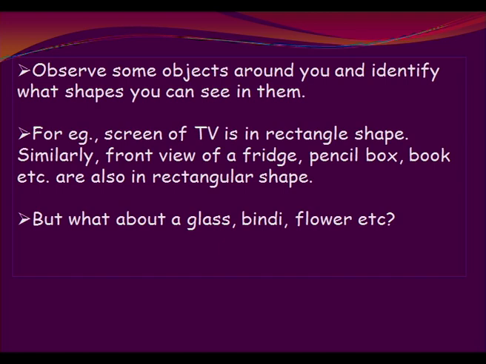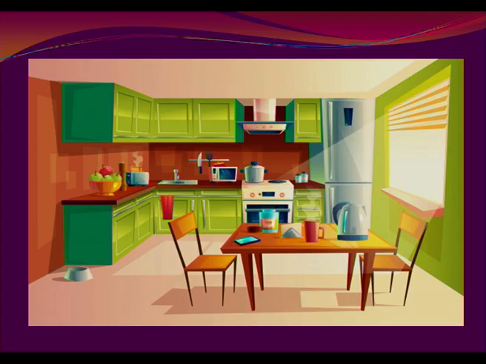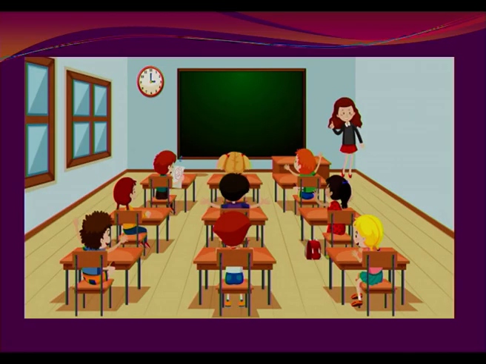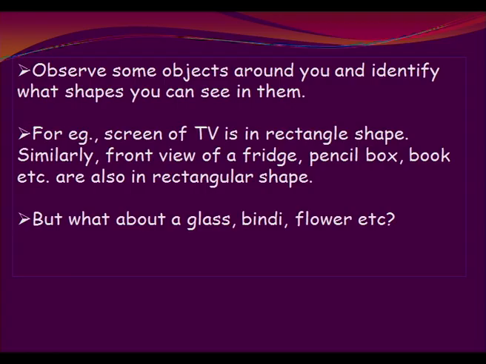Observe some objects around you and identify what shapes you can see in them. For example, the screen of a TV, the front view of the TV, is a rectangular shape. Similarly, the front view of a fridge is also a rectangular shape, the blackboard is a rectangular shape, like that pencil box, book, these are all rectangular shapes.